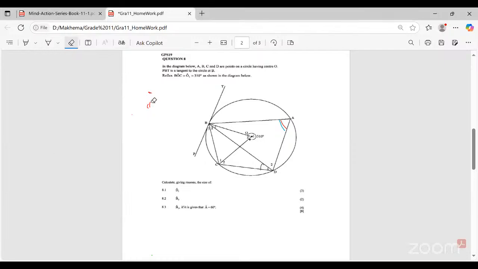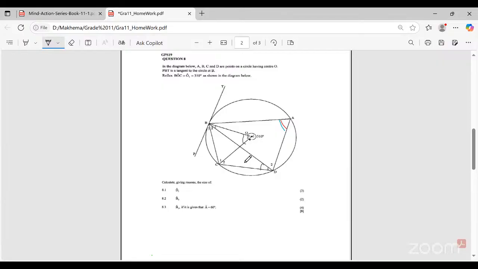Anyone, guys? Sir, we can find O2. Okay, that is O2 right there. Oh, nice. Yes, how? I'm going to say 360 minus 310. Okay, 100% correct. Reason being, since this is Euclidean geometry, we put the statement and the reason. So what's the reason behind that statement, sir? Reflex angles.